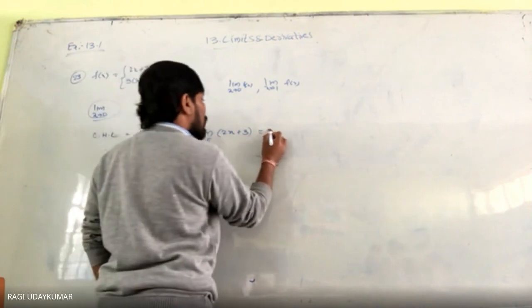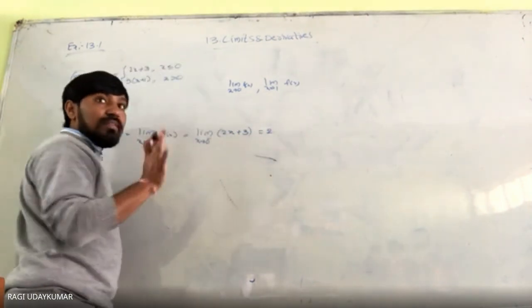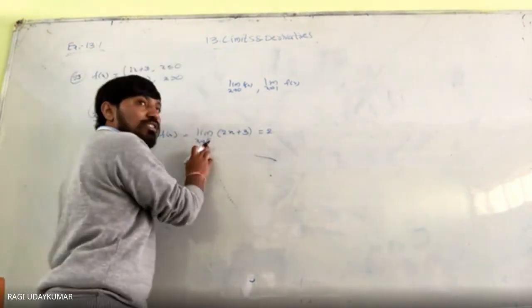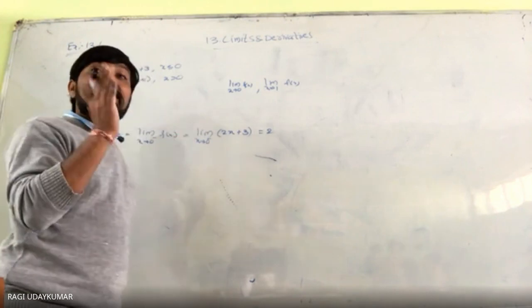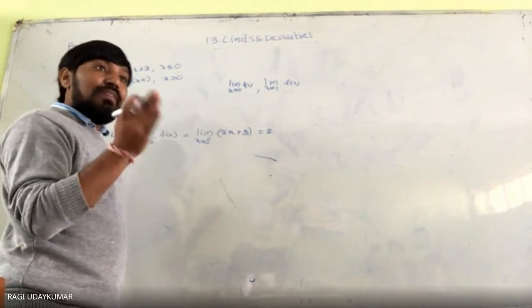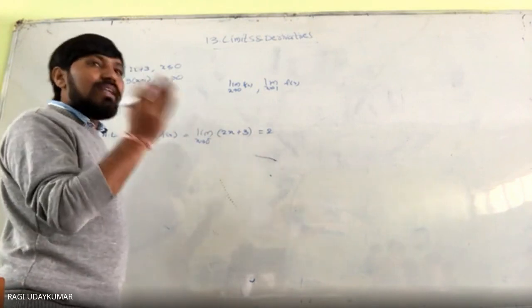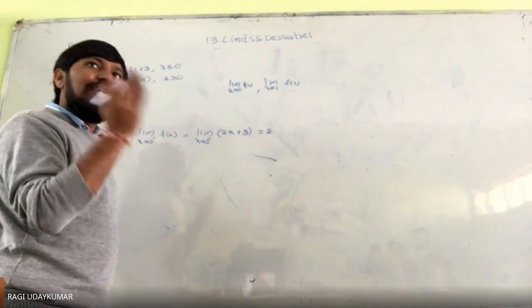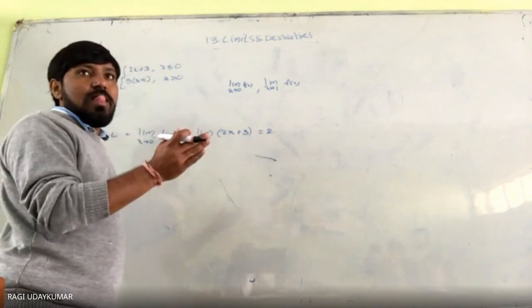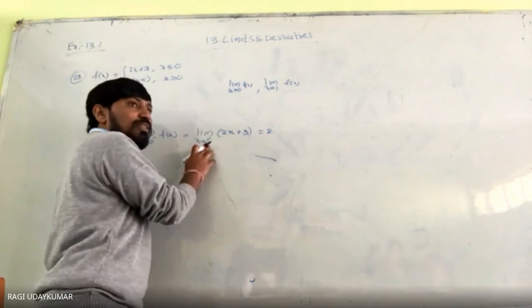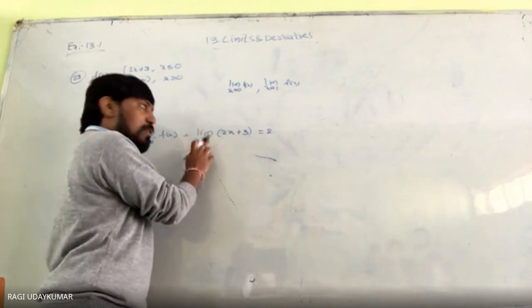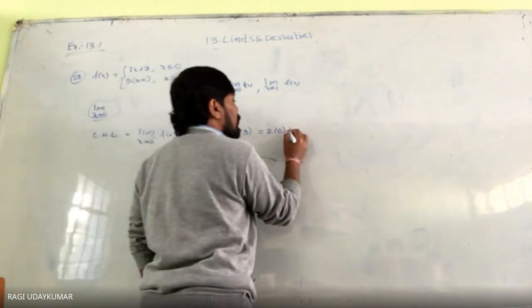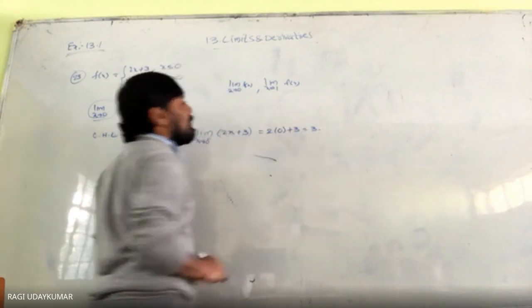Here you should not substitute minus 0; that is not the meaning. We need to take the function when x is on the left side of 0, so directly 0 is what you substitute here. So we get 3.